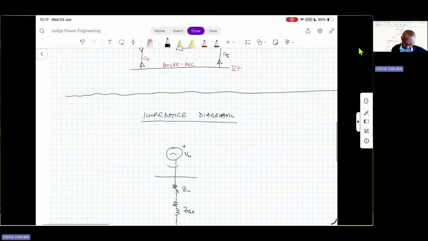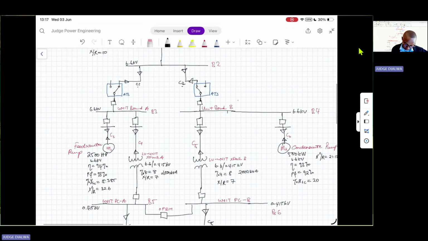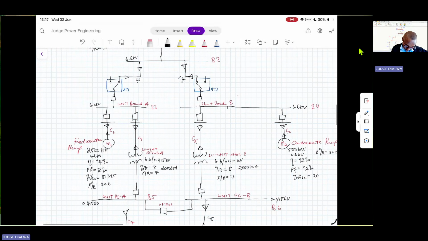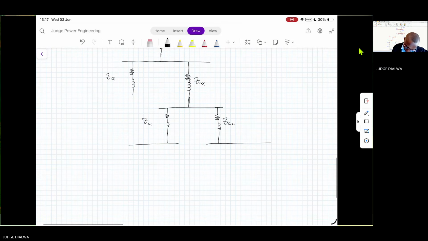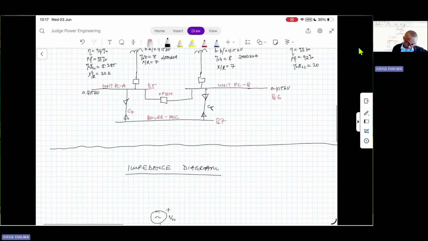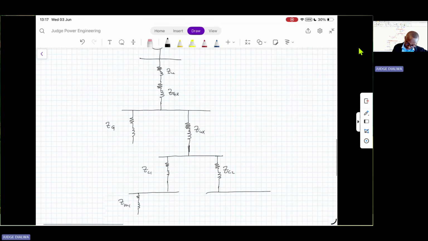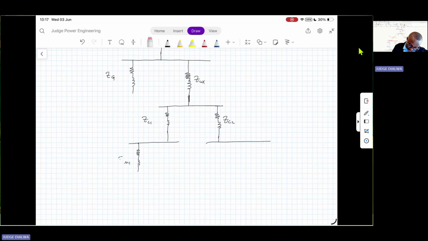Now, what do we have at unit board A? We have feed water pump. That's our feed water pump. That's M1. And then, in fact, before that, we have the cable C3, right? We have cable C3. So there's the impedance of cable 3, and then in series with the impedance of our motor 1, feed water pump.